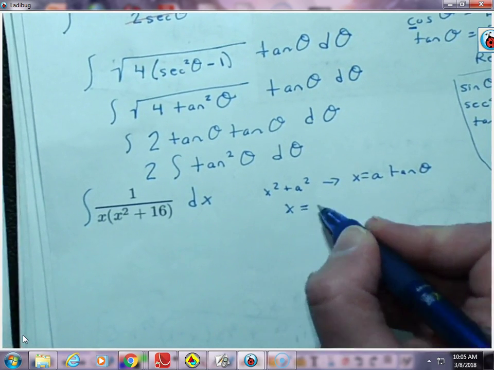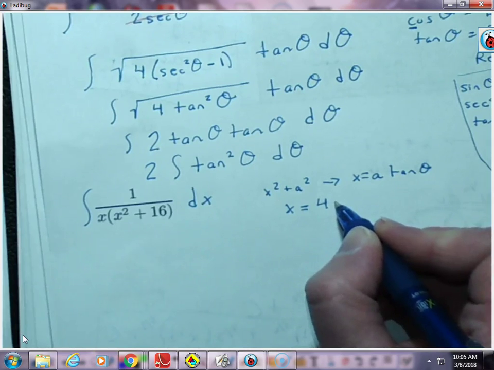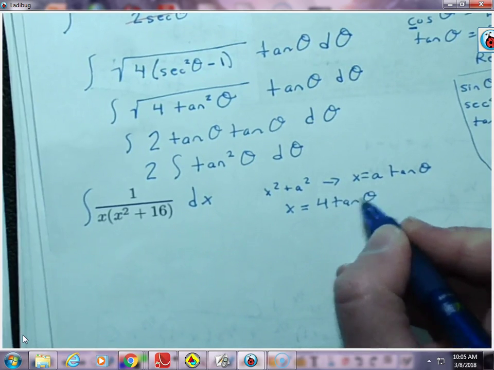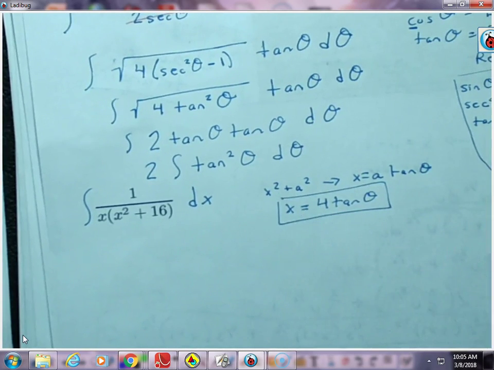What I'm going to give you is use the substitution x equals 4 tan theta. So you don't have to worry about that part, which I really like. We know the substitution, which will be given to you on a test, but not on your homework. Use the chart on your homework.